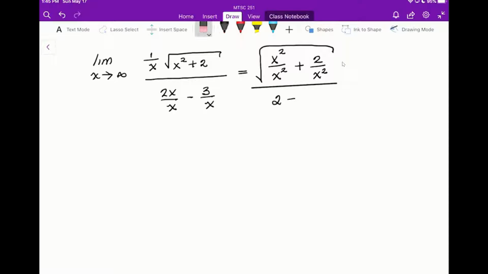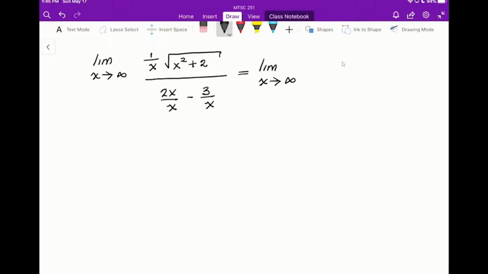And I forgot my limit, so let's rewrite this as the limit as x approaches infinity. Pushing it through, we're going to get x squared divided by x squared plus 2 over x squared, that's in the square root, divided by 2 minus 3 over x.